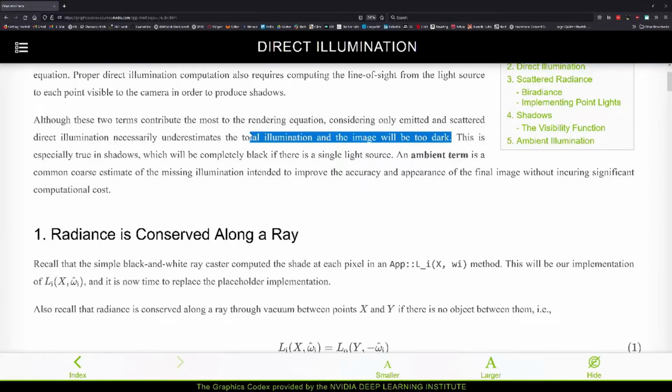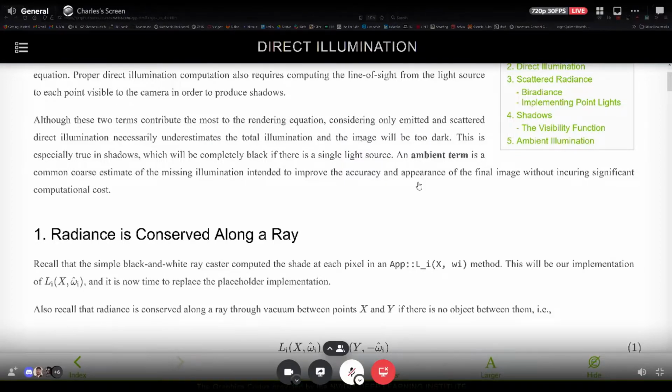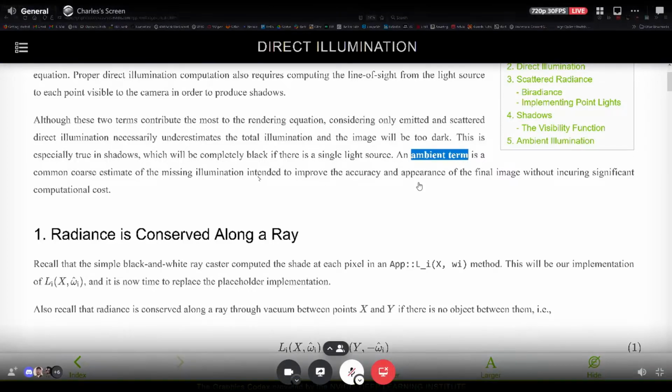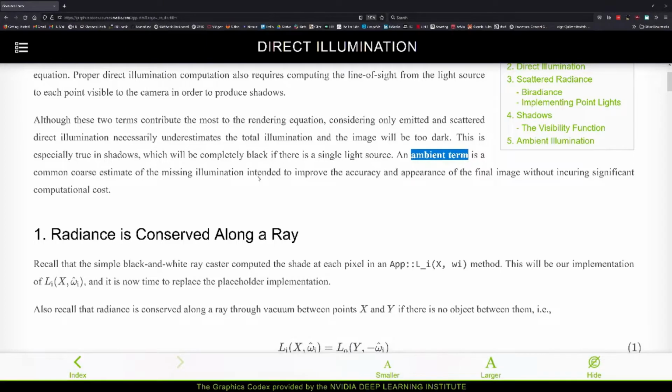If we don't consider indirect illumination, i.e. not direct illumination, it will not be all the light in the scene. But the ambient term is like the hack that we did in early computer graphics, saying that, hey, there's just an ambient level of light everywhere because it was too expensive to do all the indirect and non-direct illumination.